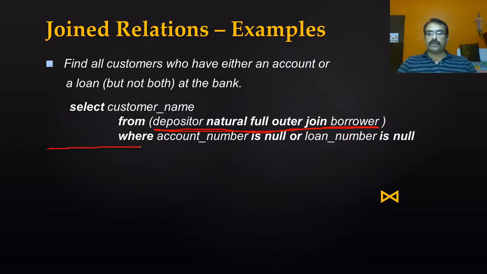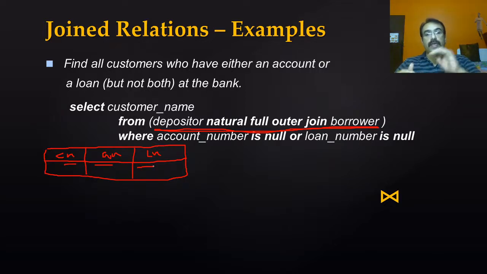What kind of table is it going to produce? With three columns: customer name, account number, and loan number. The first few entries will be all the names which are common in both of them.